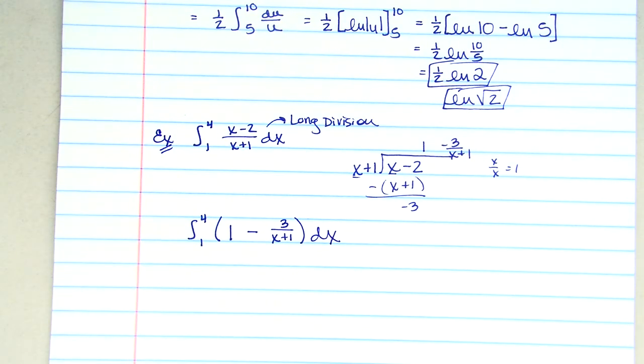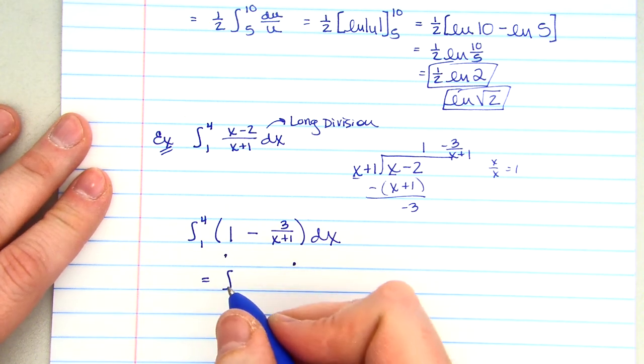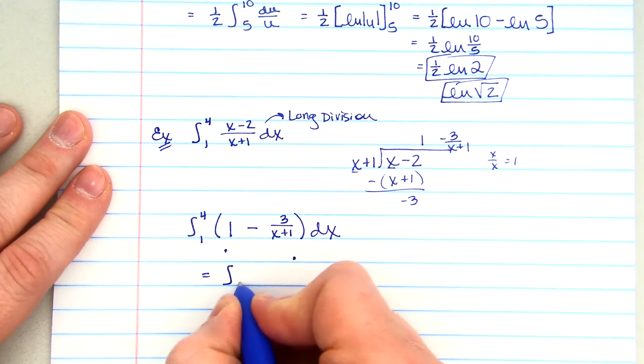One minus 3 over x plus 1. How do you handle this? Aha. Straightforward one over here, u substitution over here. We need to do two separate integrals. I think we're getting used to the idea of dealing with them in different ways.